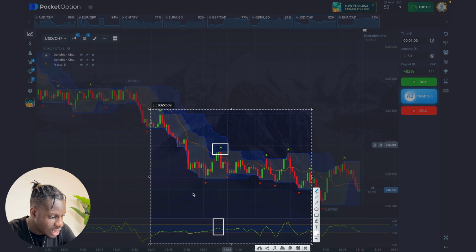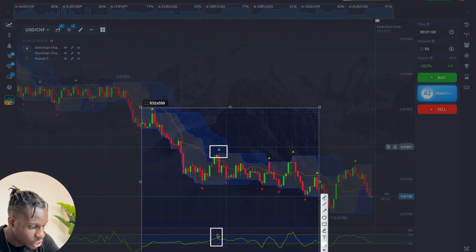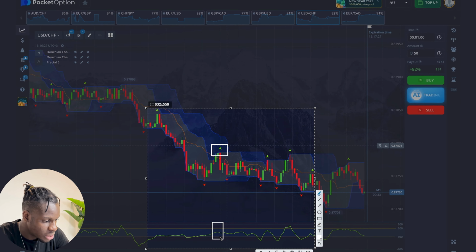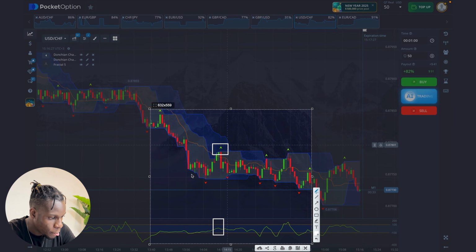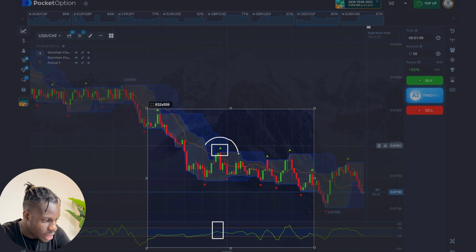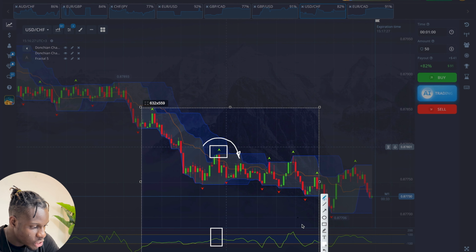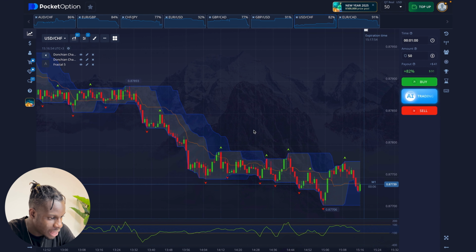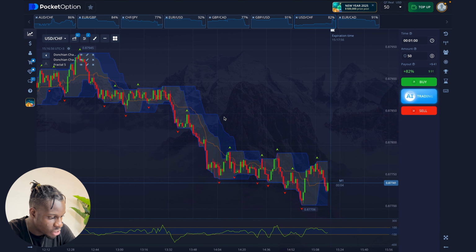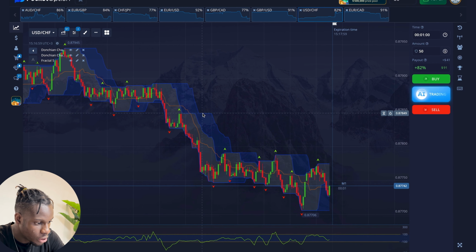So theoretically, a sell trade can also be opened here following this logic, but it's more difficult. Okay. If you're starting out with the strategy for the first time, I'm going to recommend you use the first entry method that I explained earlier.